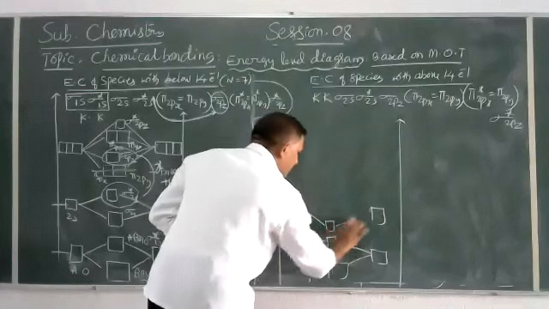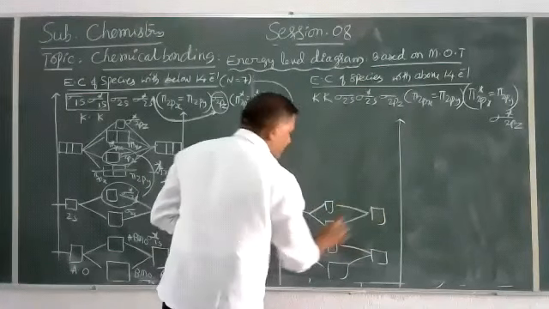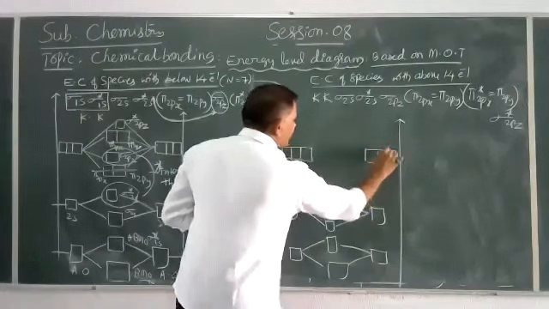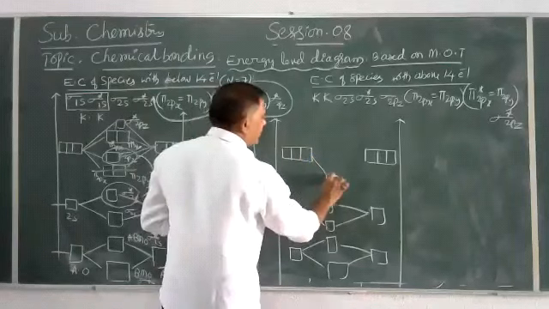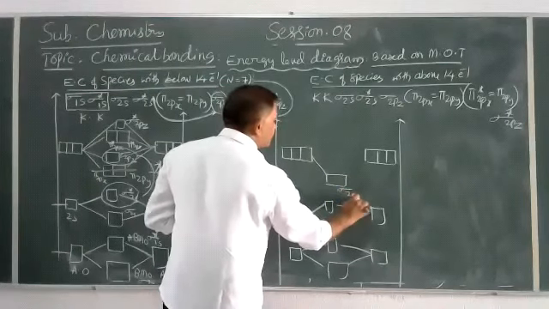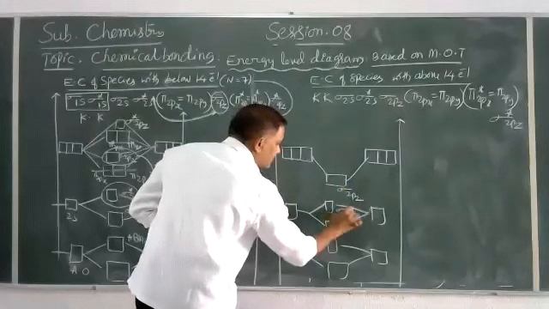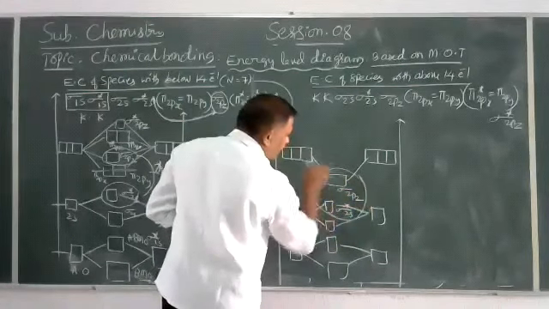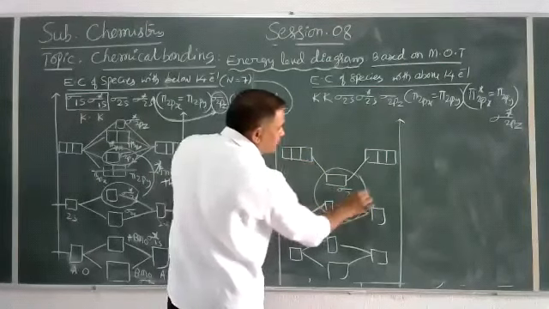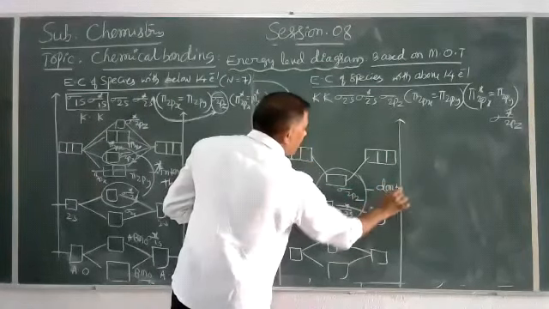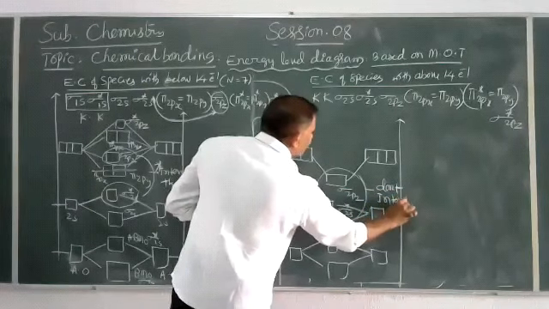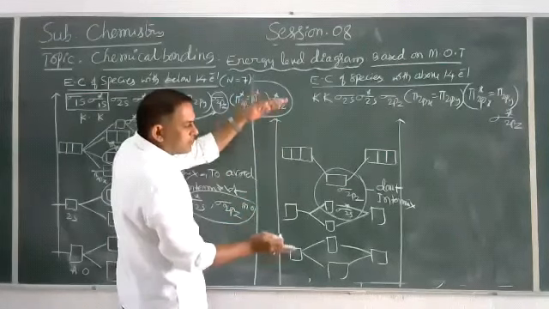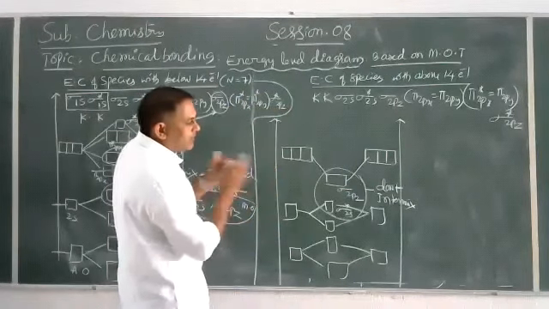This is 2s. Now it is the 2p energy level. Now here we can take sigma 2pz. Now this is sigma star 2s. So above 7, these two do not intermix. After atomic number 7, the distance increases and the nuclear force of attraction decreases.